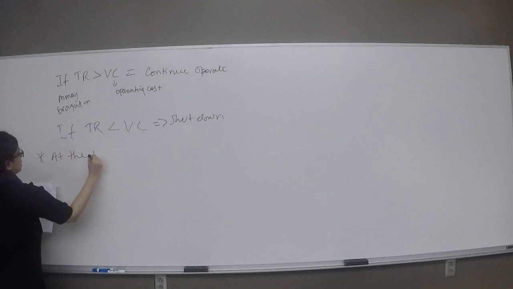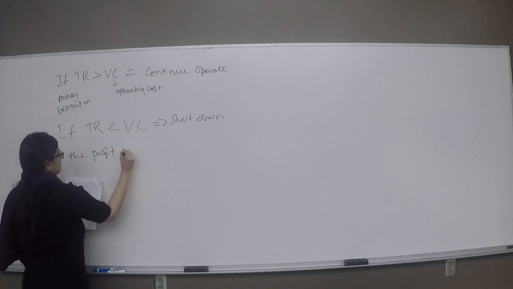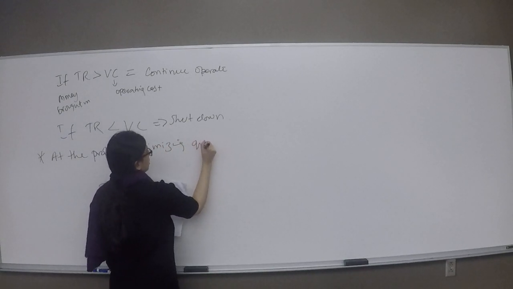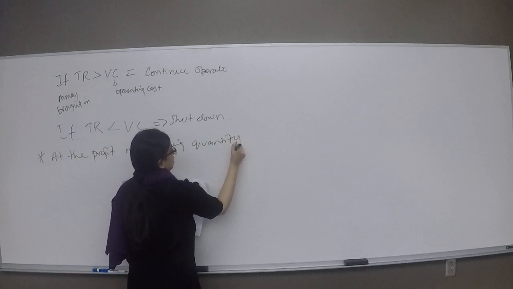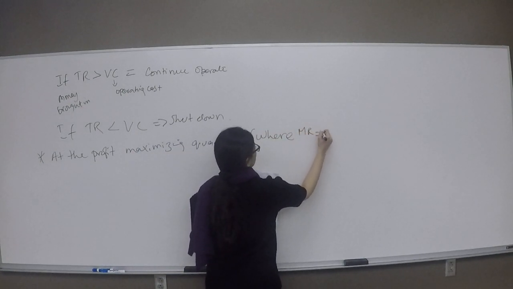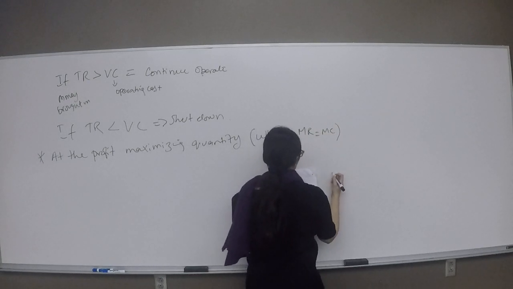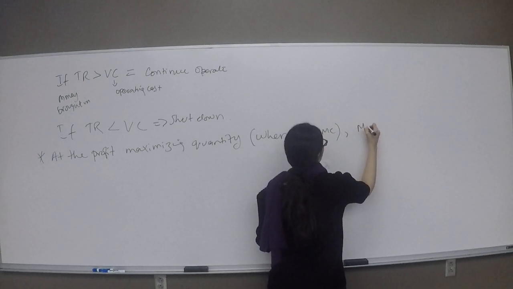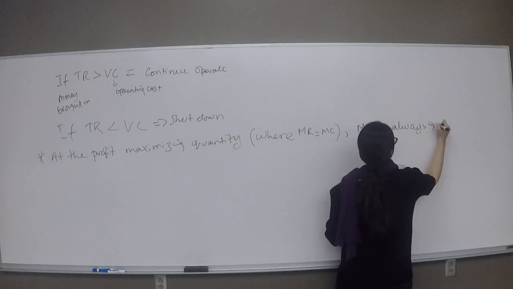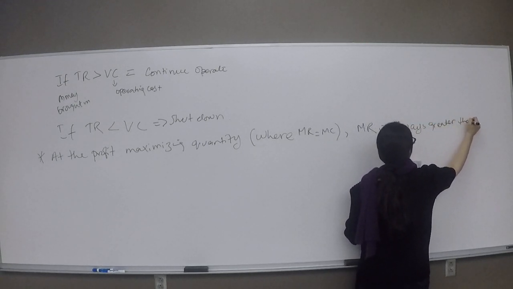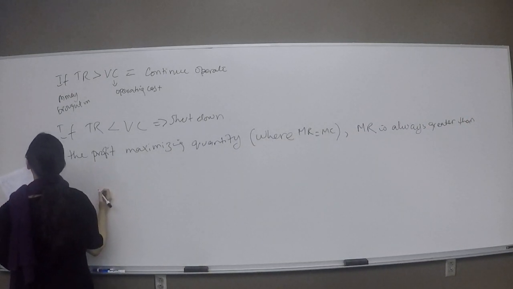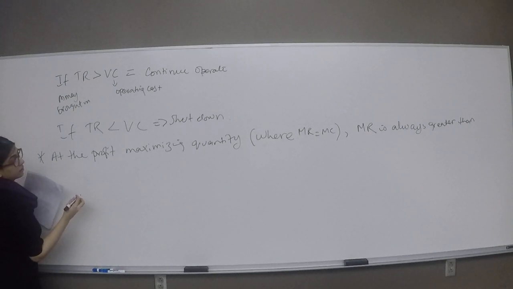At the profit maximizing quantity, where marginal revenue is equal to marginal cost, marginal revenue is always greater than or equal to variable cost incurred.